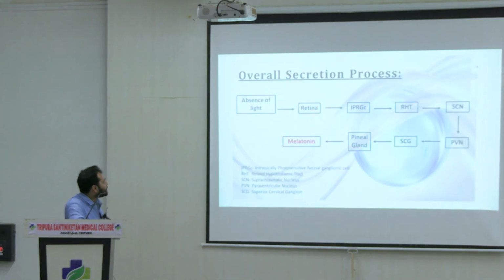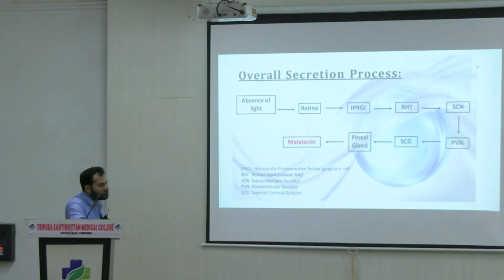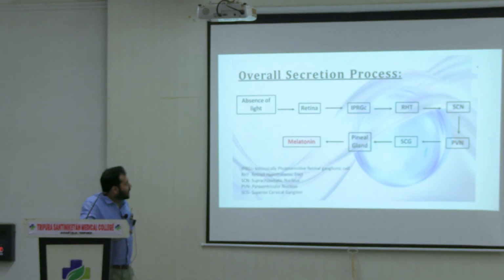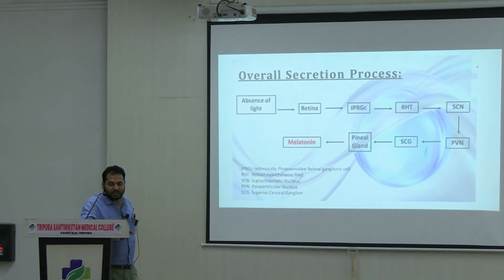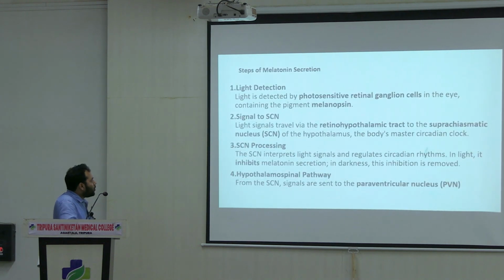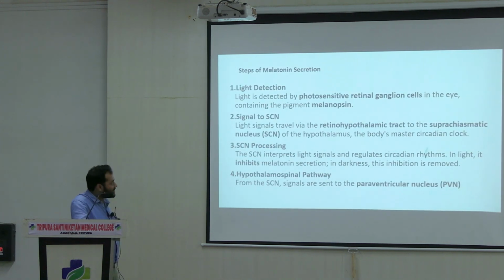So here you can see this is a condition where light is absent, right? That condition stimulates the ganglion cell, right? And after the stimulation of that ganglion cell, how does this light signal travel to the next step?